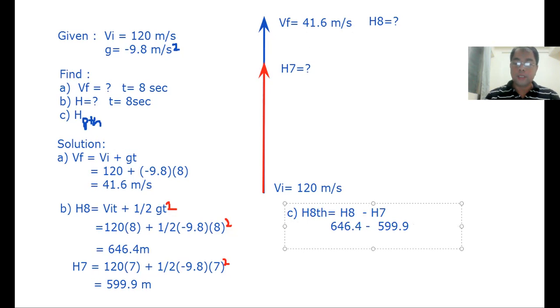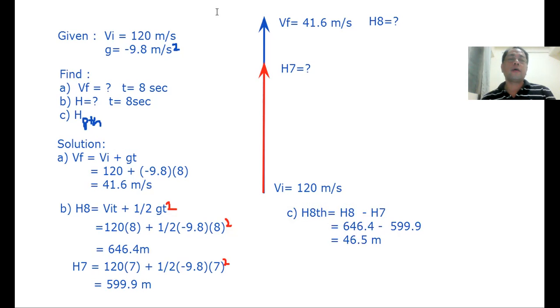And that gives us 46.5 meters. So again, where is this? That is actually this length only. So this is the distance traveled only on the 8th second. Now this one is very similar to what we solved earlier. So again, these are our sample problems for our free falling body.